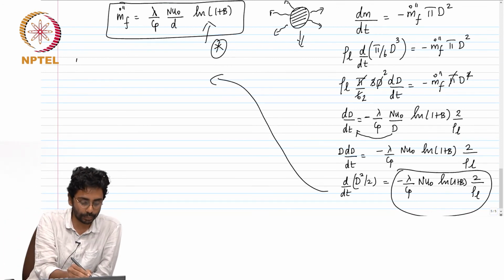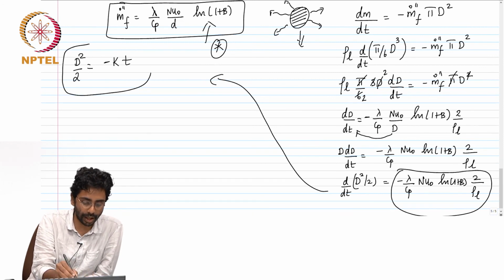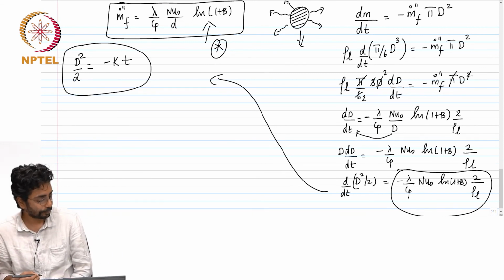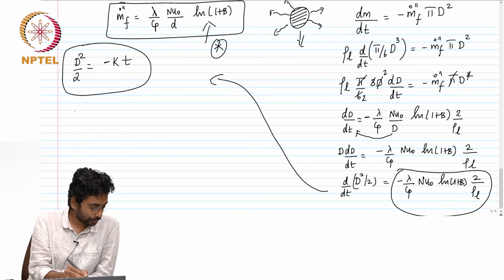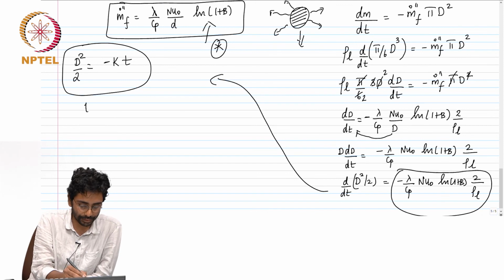So d square by 2 will be that constant which is sitting on the right hand side, which is negative k multiplied by t. There you go, d square law. Okay. And now you can identify what k is and what the vaporization time is.